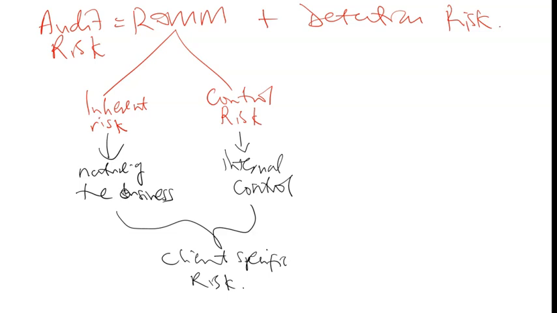The audit risk has been reduced to zero because we have detected the error. So detection risk is the risk that the auditor is not going to detect the error or the fraud in the financial statements.